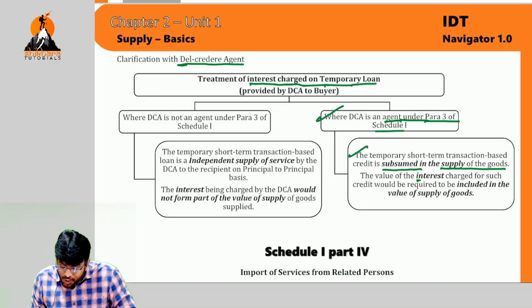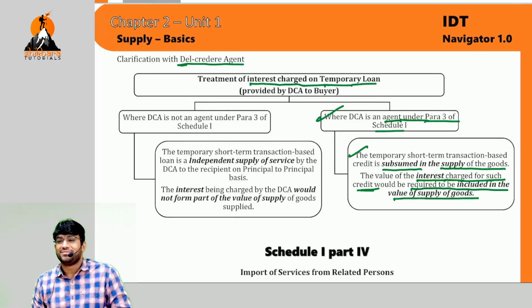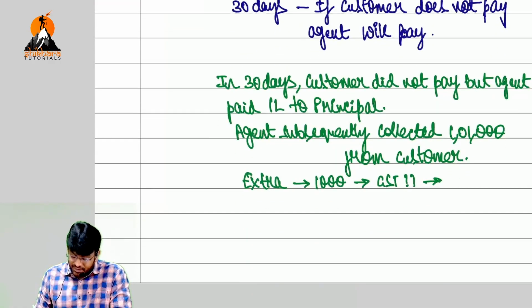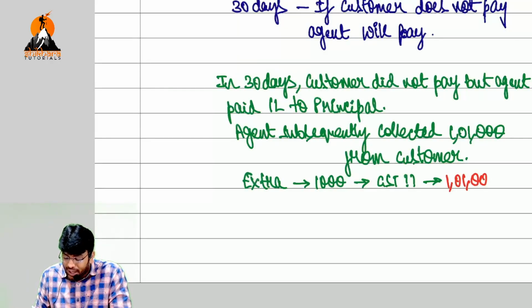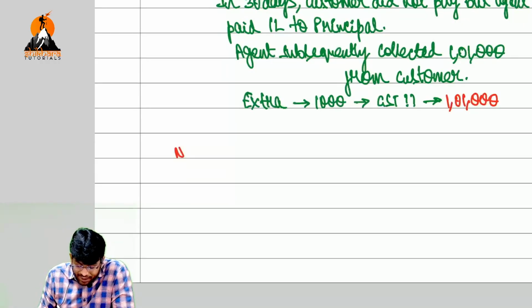And the value of interest charge for such credit would be, what, my dear friends? Required to be included in the value of supply of goods. Getting the point, everyone? Now what is the answer then? GST will come on 1,01,000. Getting the point, everybody? But one note I will give.